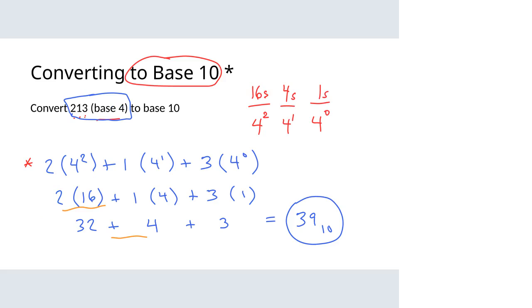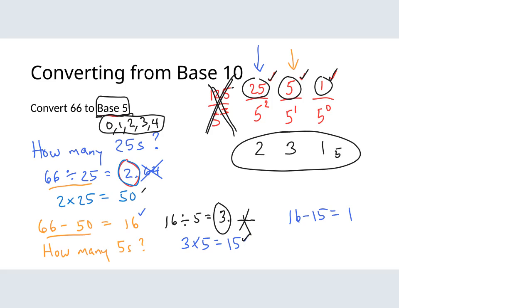When we're going to base 10, we write it in expanded form and we multiply and add to get to our answer. When we're going from base 10, we figure out our place values and figure out how we're going to build that number 66. And in this case, instead of multiply and add, now we're going to divide and then subtract to see how much is left.